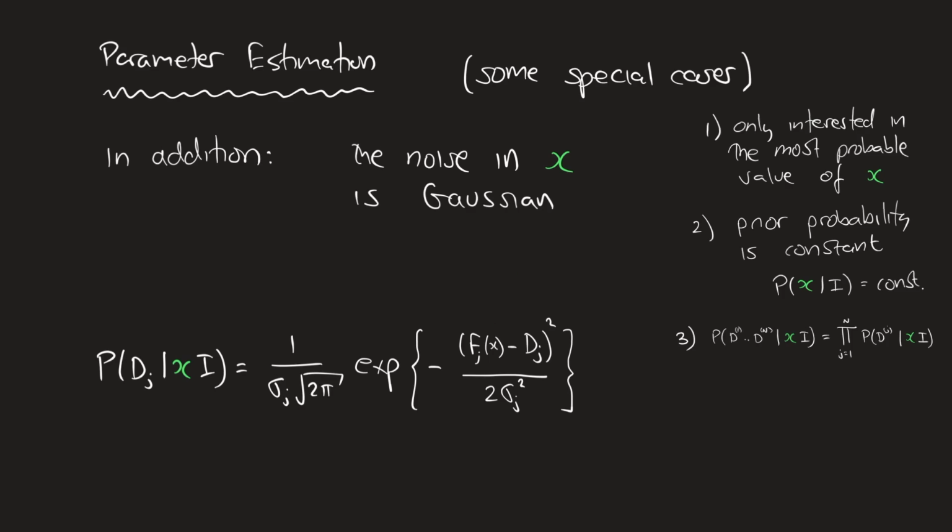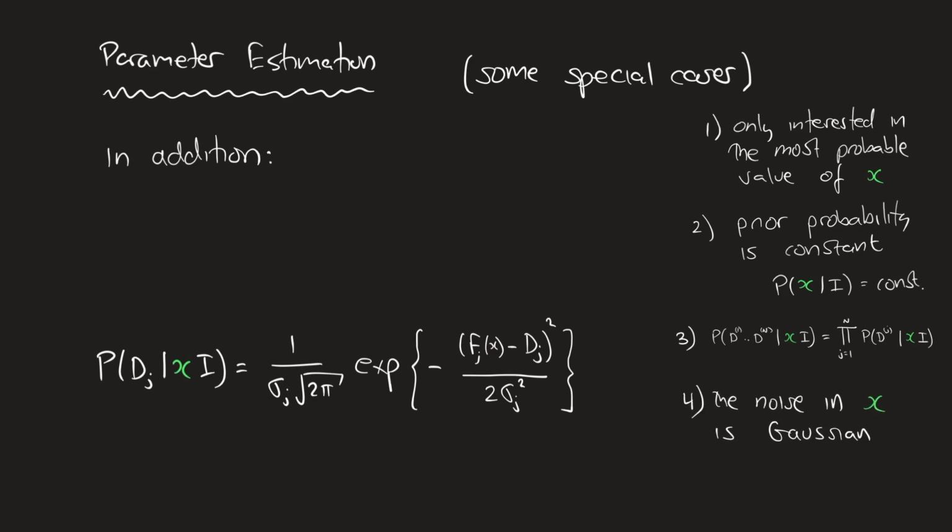And so in particular, it'll be the exponential of minus the true value minus the data all squared divided by 2 times the variance. This assumption that the only noise in the problem is independent Gaussian noise is going to be our fourth assumption. Let's add it to the list.